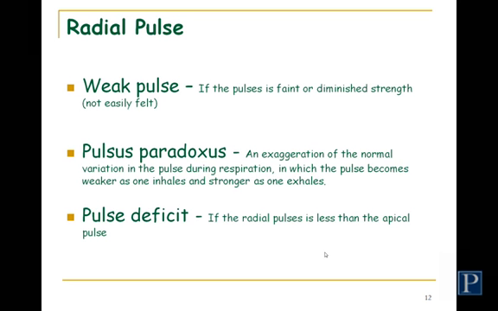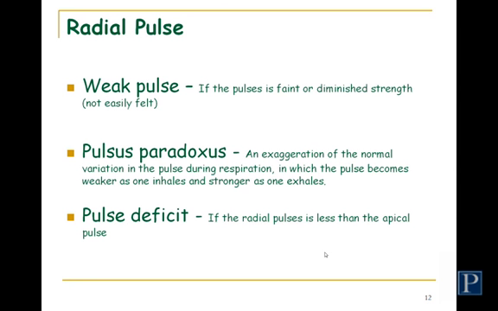If you think about what I mentioned a while ago about splitting of S2, if you inhale, you bring more blood to the right side of the heart. But because of that drop in thoracic pressure as a result of inhalation, those blood vessels in the lungs expand, accommodate more blood, and there'll be less blood going to the left side of the heart.